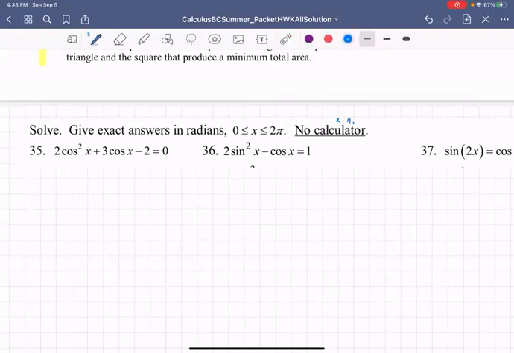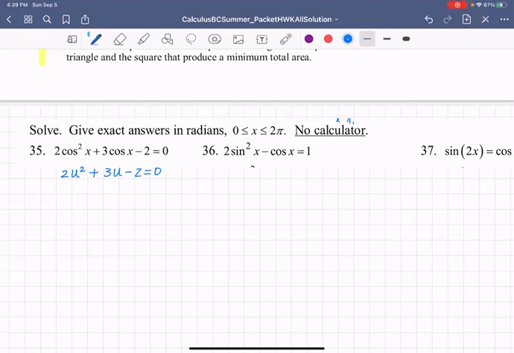So we'll just say 2u squared plus 3u minus 2 is equal to 0. So we do 2 times u squared. Oh, okay. Next step.